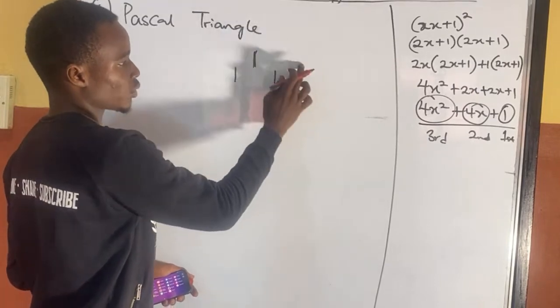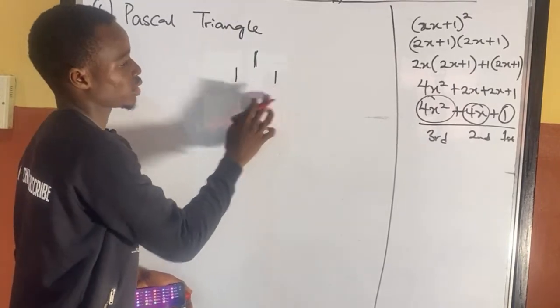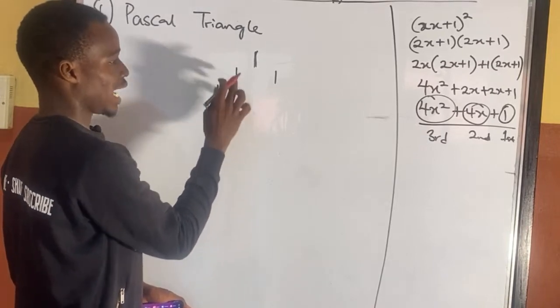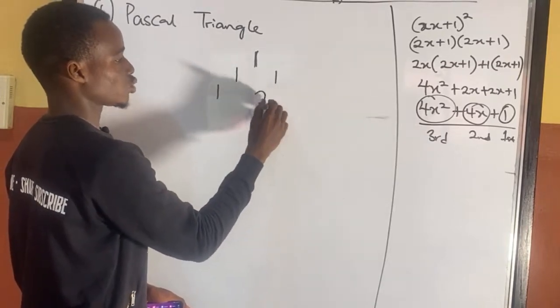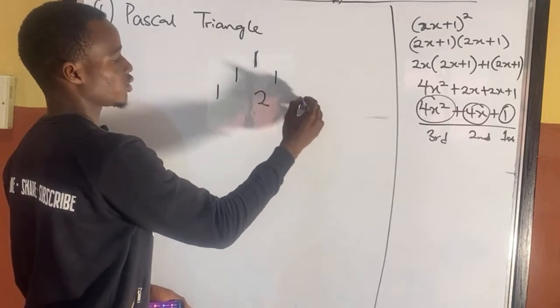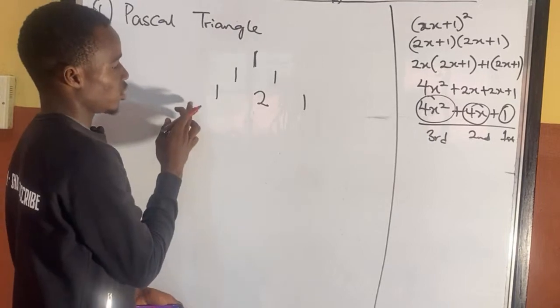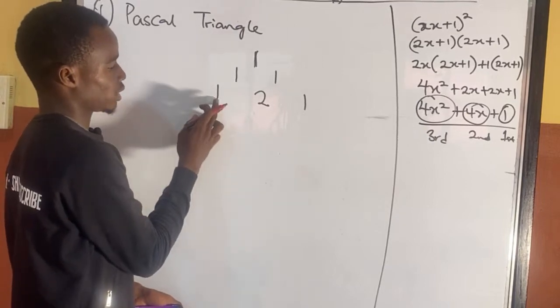Add a 1 to a 0, it gives us 1 plus 0 gives us 1. So now, add a 0 to a 1, it gives us 1. Add a 1 to a 1, it gives us 2. Add a 1 to a 0, it gives us what? 1. We go again. Add a 0 to a 1.